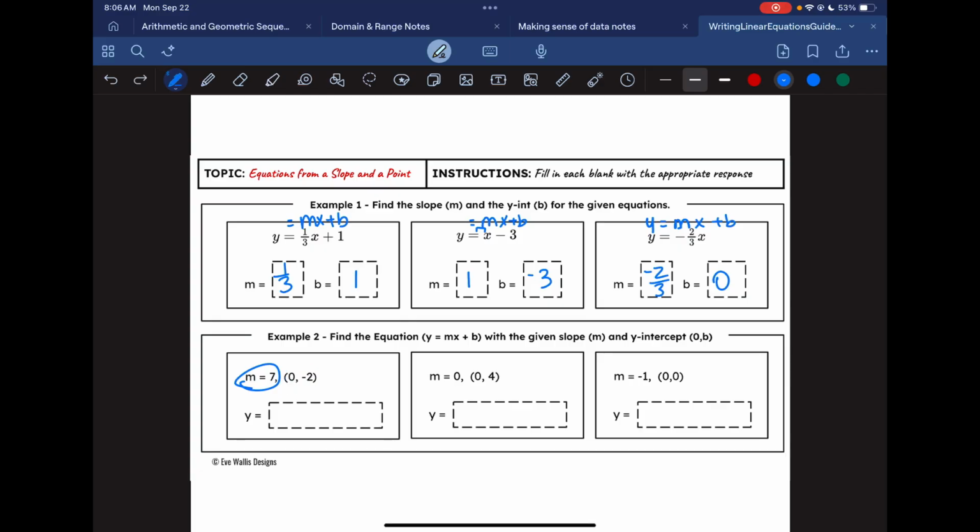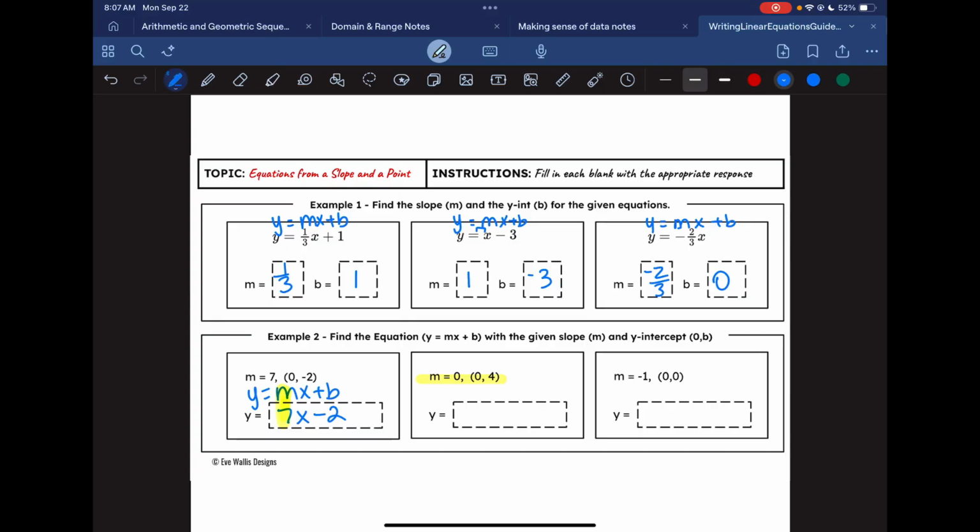So when I write my equation in slope-intercept form, I'm going to write y equals mx plus b. So I'm going to write y equals m, which is 7, x plus, it's a negative 2, minus 2. So we wrote m is 7, b is negative 2. All right, the next example, they gave us the slope is 0 and the y-intercept is 4.